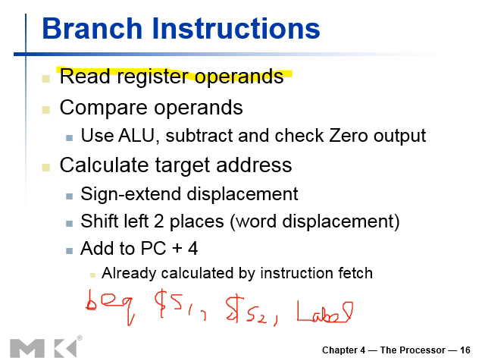So the first step is we have to read $S1 and $S2, and basically these are the operands that are held in the register file.